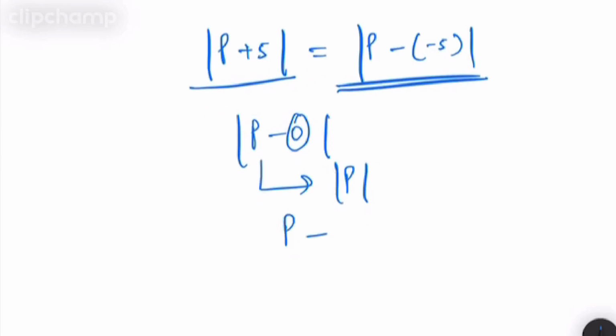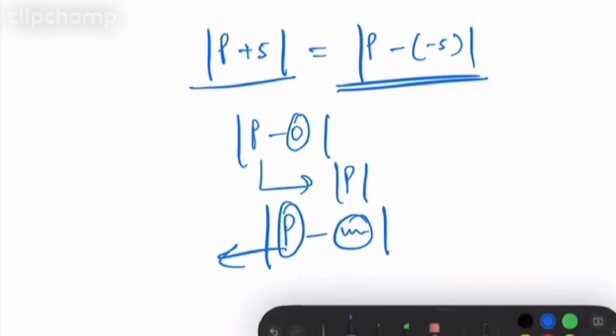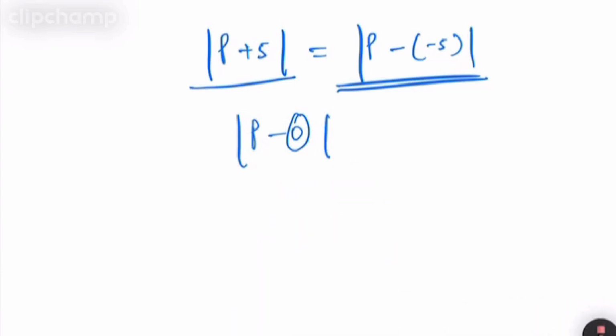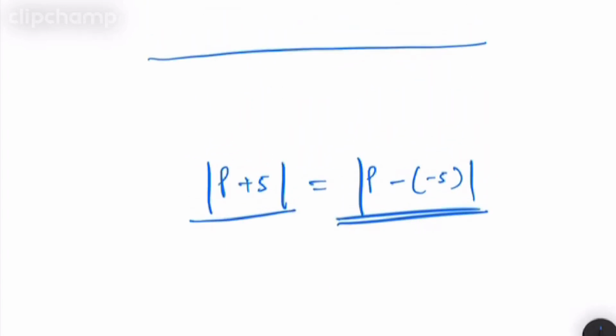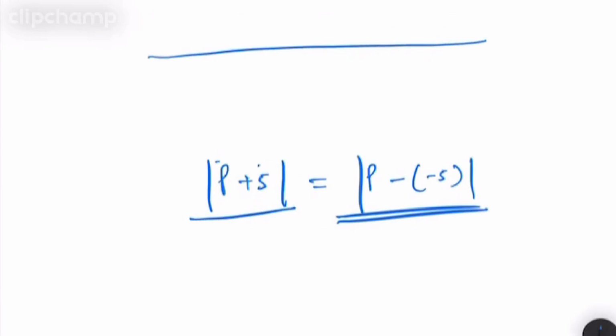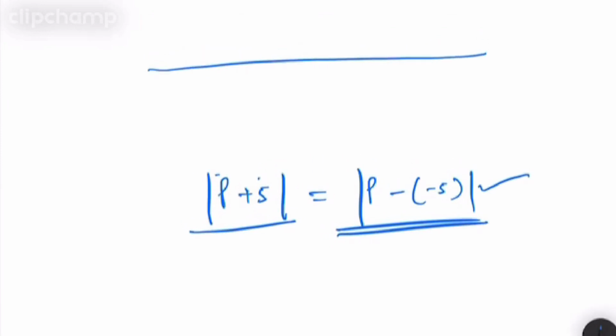Otherwise, it is represented here as mod of p minus some value with respect to which we are measuring the distance of the given variable. So here we have now converted mod of p plus 5 into this form.